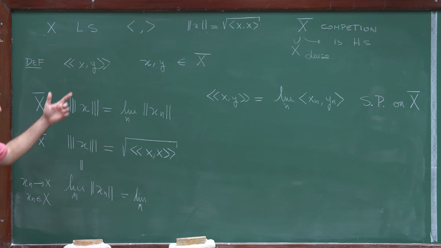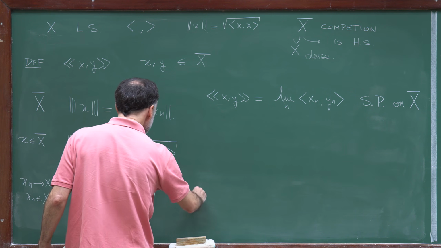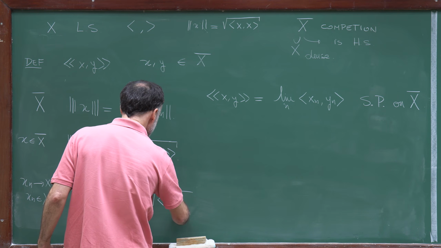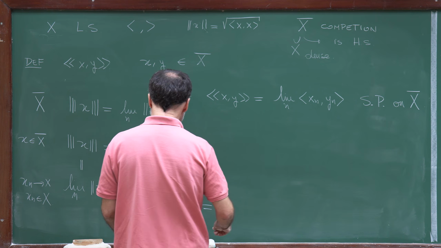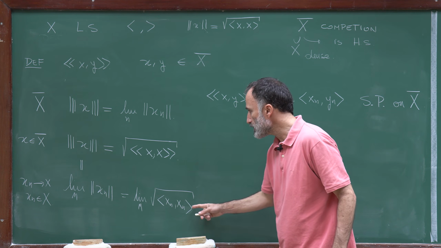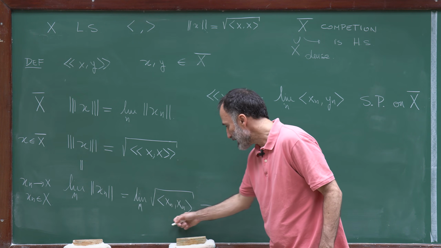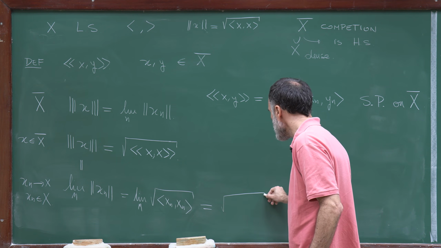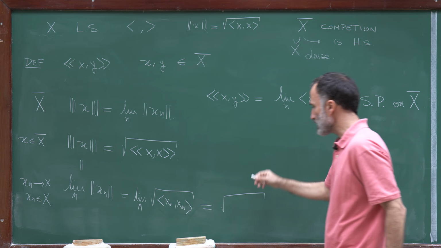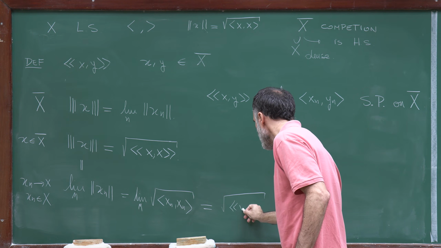The norm in X is given by the square root of the scalar product, and this limit is equal to the square root of the limit, and the limit is what we defined as the scalar product.